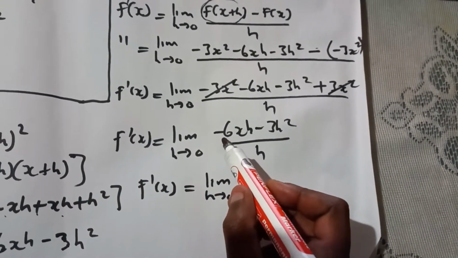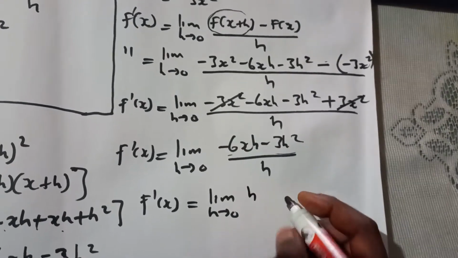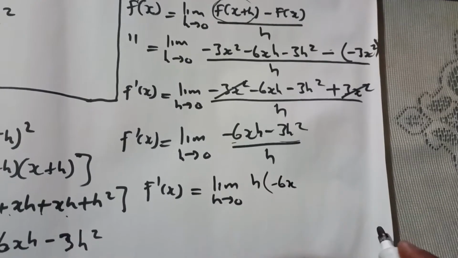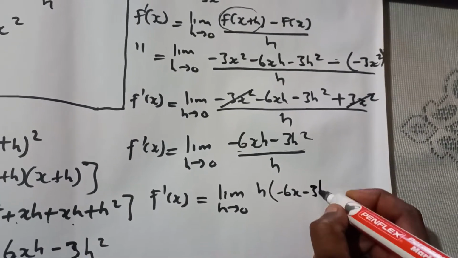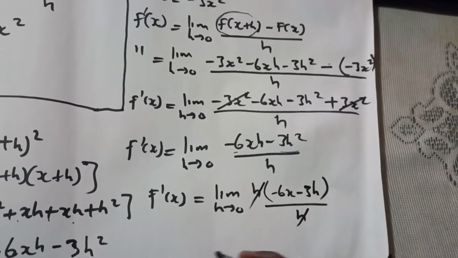So now f derivative of x is the limit as h approaches 0. Now what we note here that is common is h. So we factor h out. Then you are left with negative 6x minus 3h over h. So the h will go off.